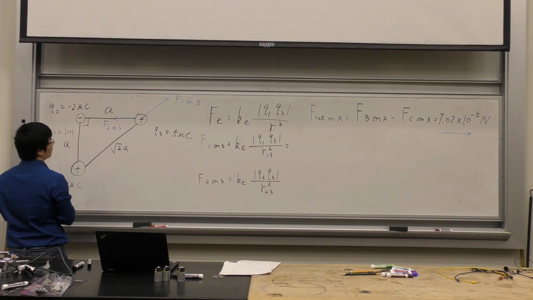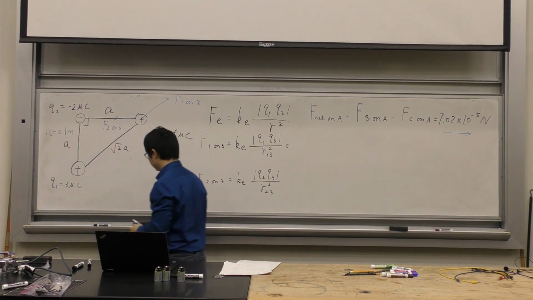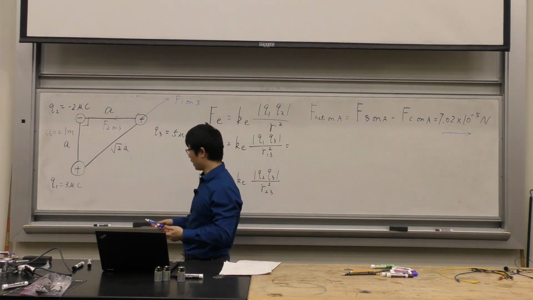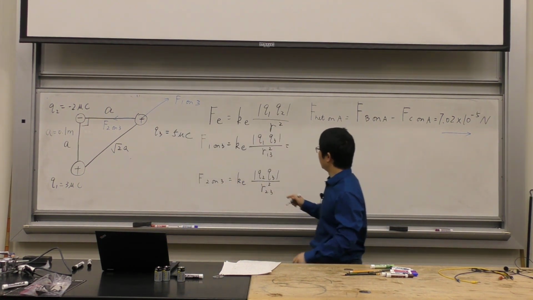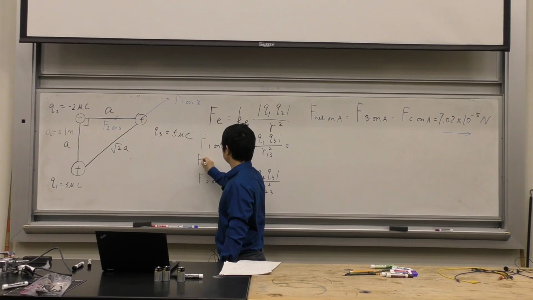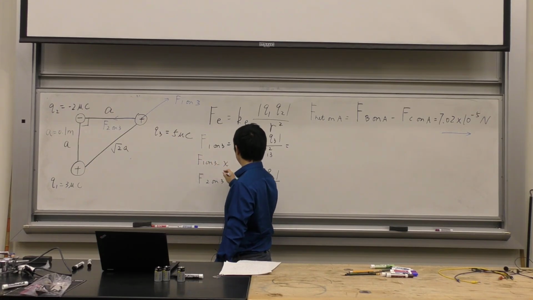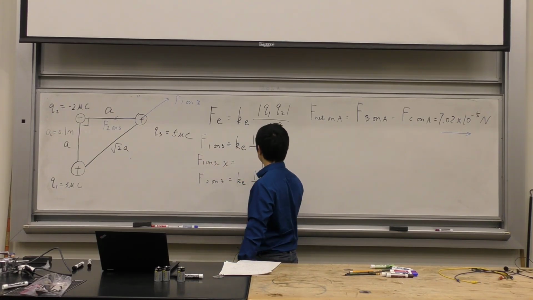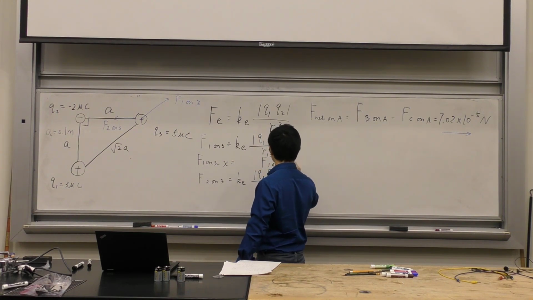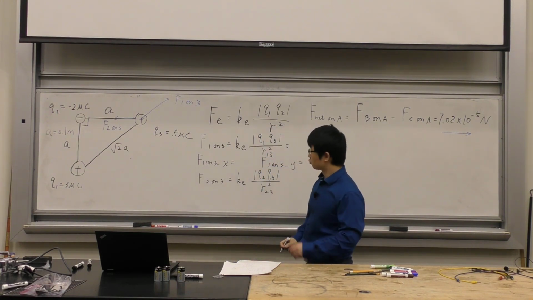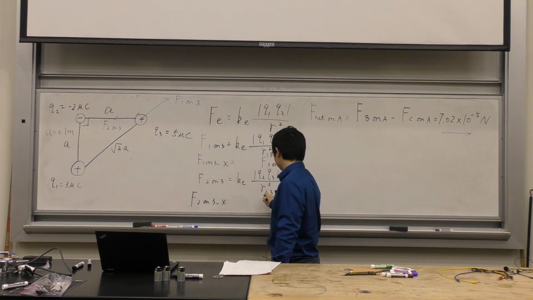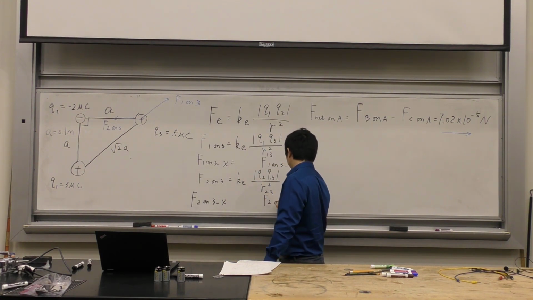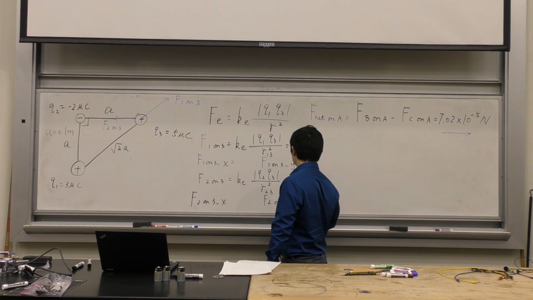And this is not horizontal or vertical, right? So if you want to add these two vectors together, you can't just add the magnitudes. What you should do is this, right? That's what we learned in physics 1. You're going to break this one into x and y components, using trig. You're going to do the same thing for 2 on 3, x and y components, right?